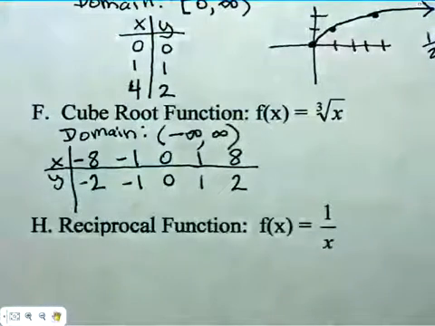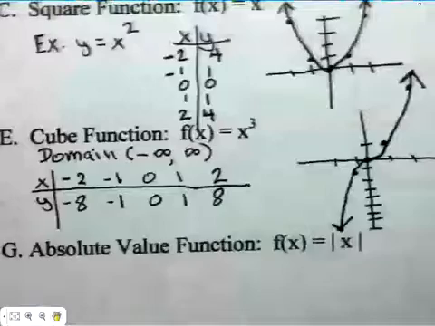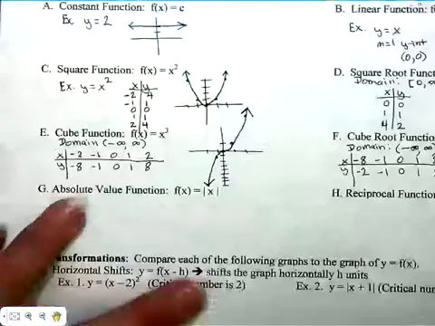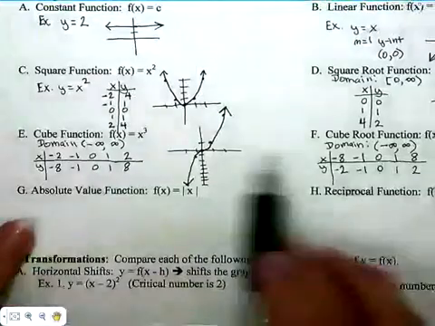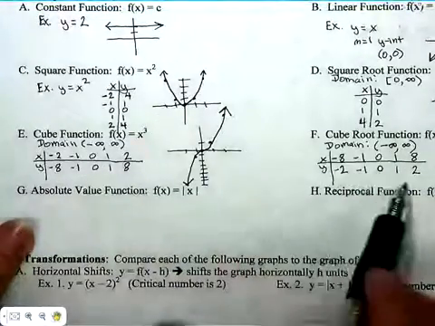Those numbers look very familiar. Where have I seen those same numbers this morning? On the cube function part, all of the numbers were the same. The X's and Y's are just reversed. These Y's are the same as these X's. These X's are the same as these Y's.